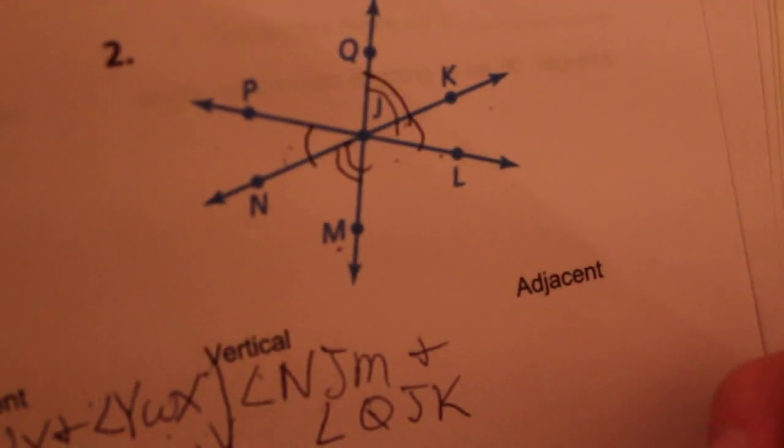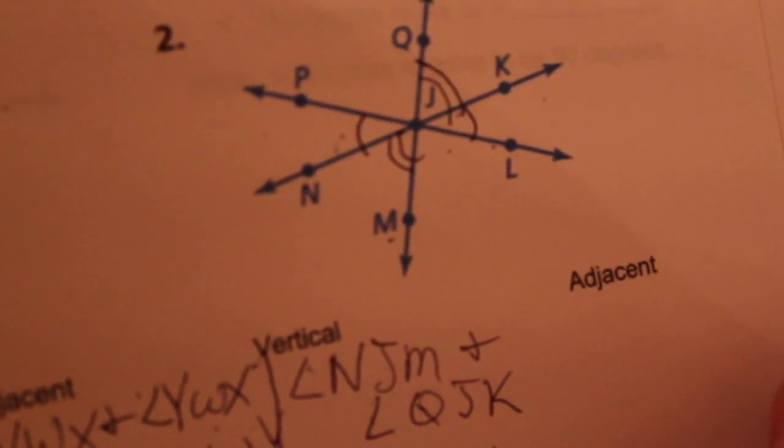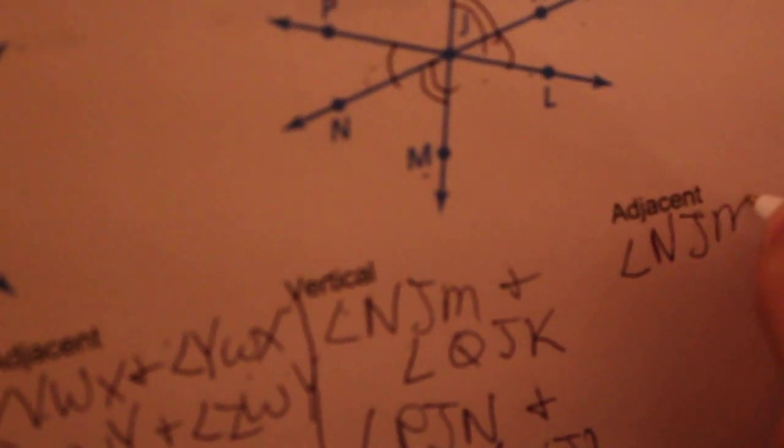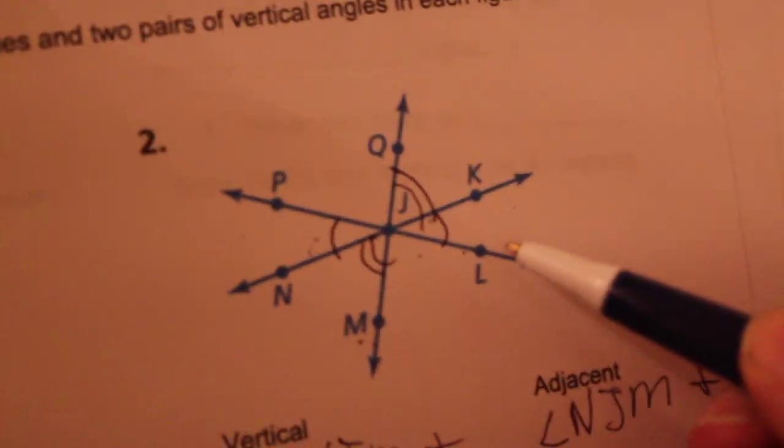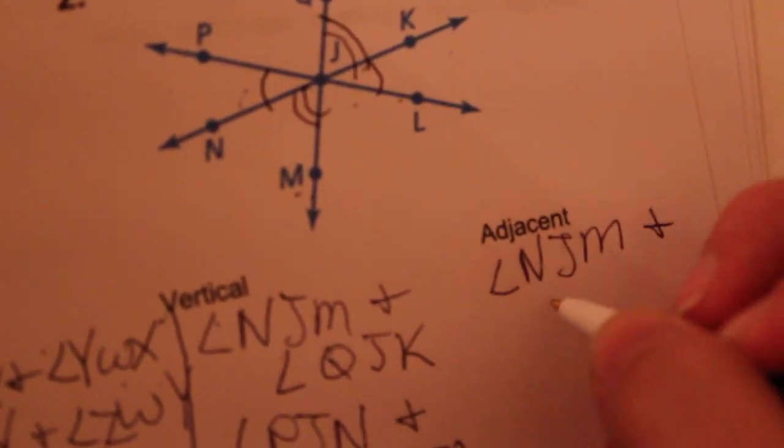Now adjacent angles, we have NJM, which I already used for one of them, NJM. But now if it's an adjacent, we're going to go LJM.